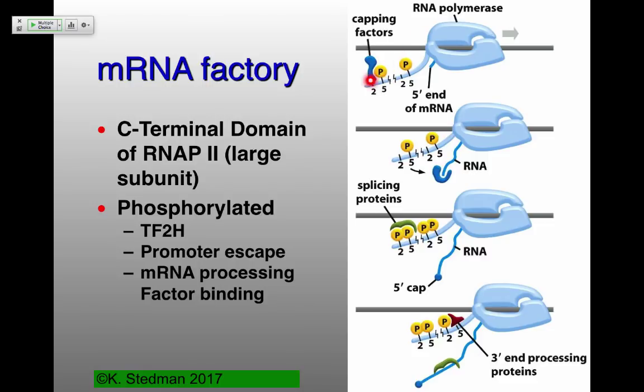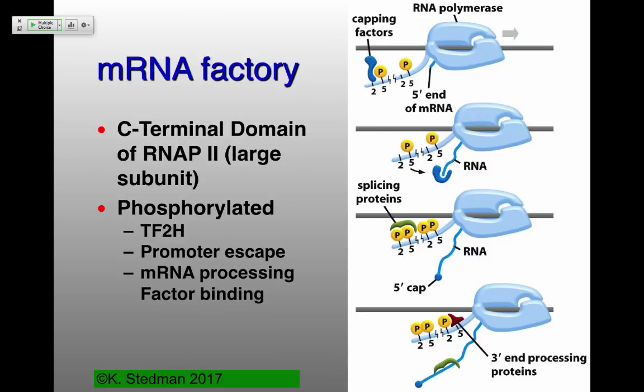So hopefully you talked about the so-called CTD, or C-terminal domain of RNA polymerase II. This is a long stretch of amino acids, just repeated sequences, which contain large numbers of serines. Serines are great because they've got an OH on their side chain. What are great things to do to OHs?